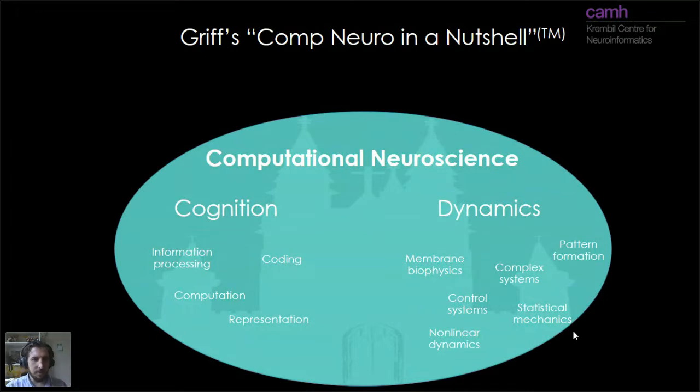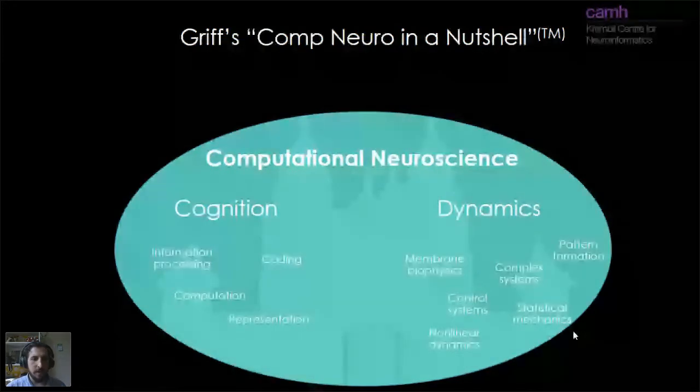I've got a couple of terms here that are roughly synonymous, but they add a little bit. So information processing, cognition, coding, representation, thought, things like that. Complex behavior. So there's a lot of work going on in various corners of computational neuroscience that are trying to address questions in that area.